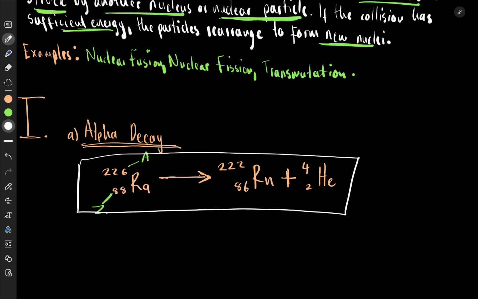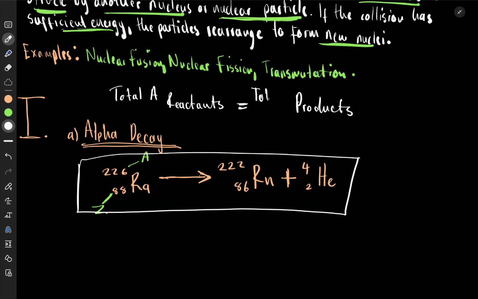So we can say that the total A, which is the mass number of the reactants, is equal to the total A of products. We are dealing with reactants and we are producing products, so we like to write it like this, with our products here.